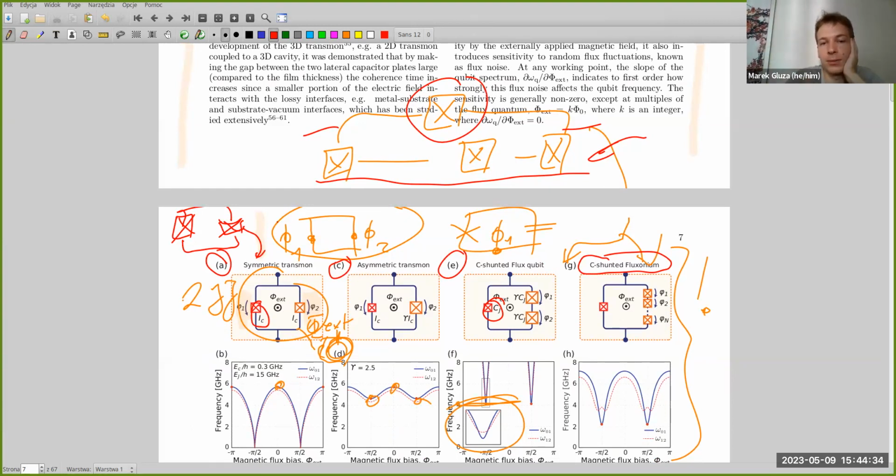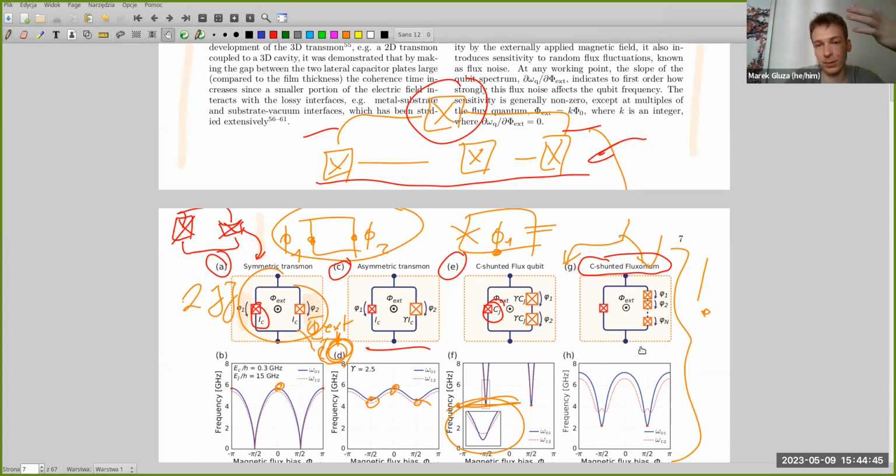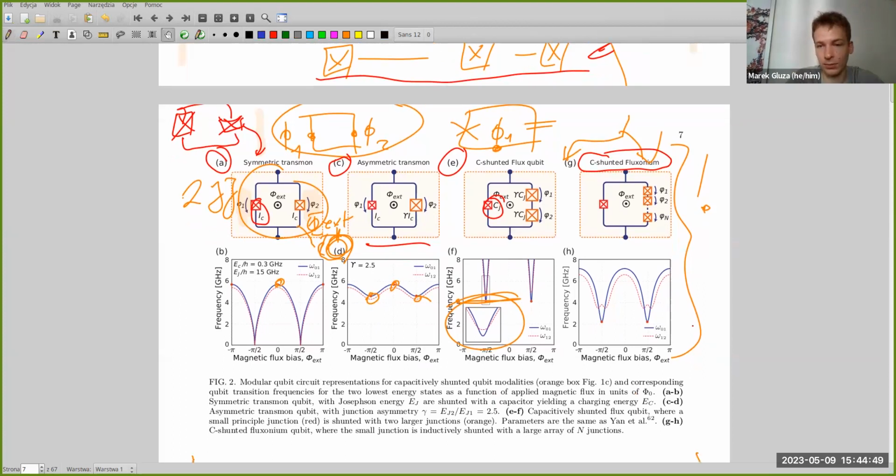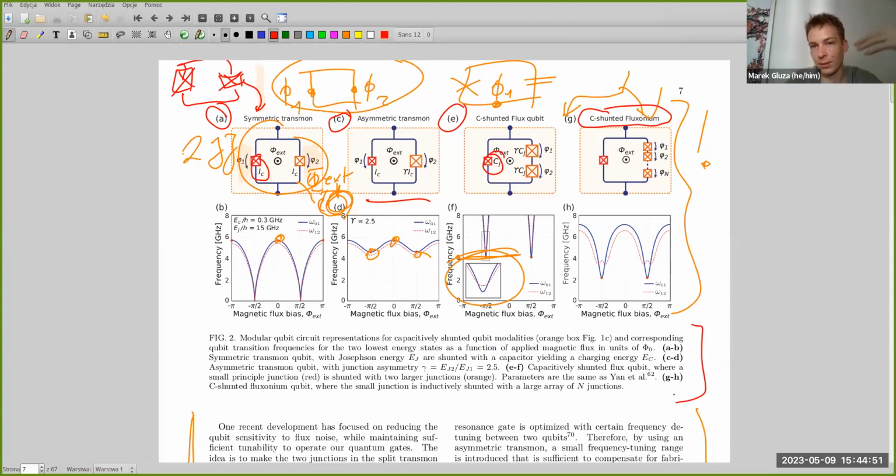In hardware, anyway, they are not the same, and it can be a good thing because that's the asymmetric transmon. So it's not really a zoo of things, it's actually logically connected. When you will be reading the paper, probably you will get lost, but try to understand what changes what and what do you get from it. And for example, the captions are very well written and they will explain to you what are the features.